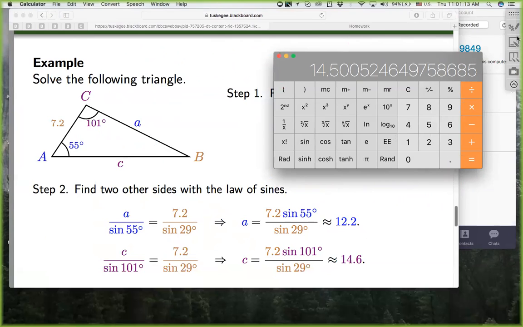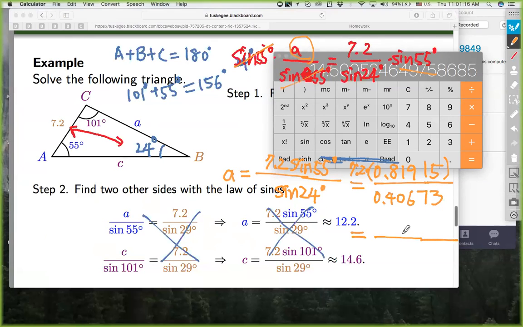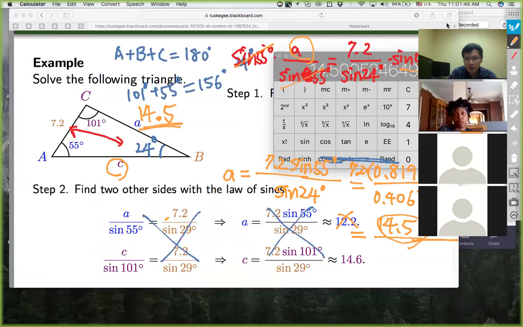It should give you 14.5. So the answer 14.5 is the length of the side a. Okay. And we can do the same thing to figure out the value of c. I will fix the slides, write down the correct answers, and upload this again. Okay. Any questions? Okay, let's move on.